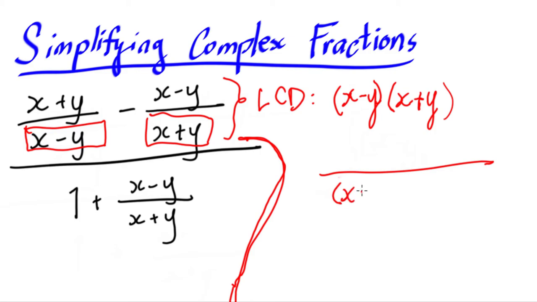If this is our LCD, we'll put the whole numerator in a single fraction bar, copying this same denominator, x minus y times x plus y, and then we will apply it to both numerators. In the first fraction, x plus y over x minus y, we need to insert one x plus y, so we also install one x plus y in the numerator. It will look like this: x plus y times x plus y.